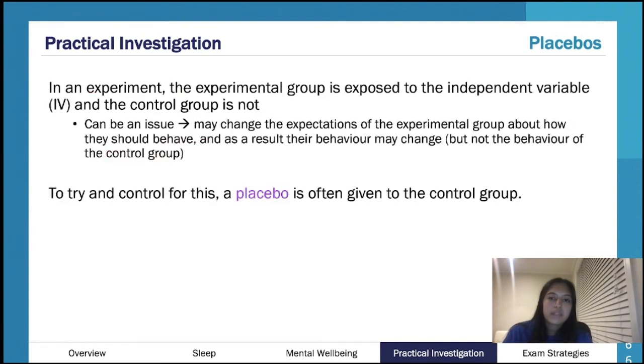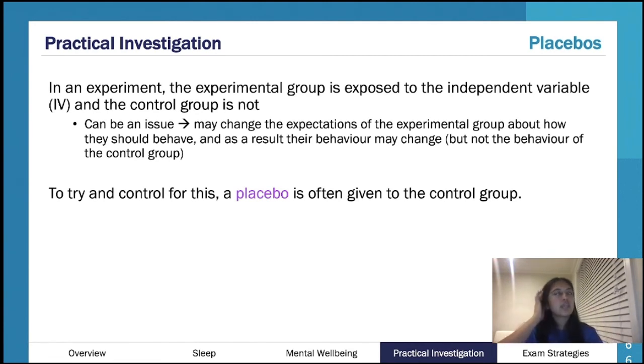Okay, so placebo is very common in psych as well. If you're doing a drug trial and you give the experimental group the drug, the act of taking that drug is making them think, okay, I'm taking something, I should be getting better, right?